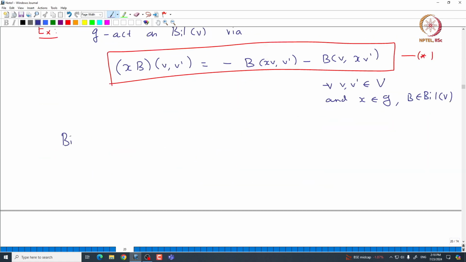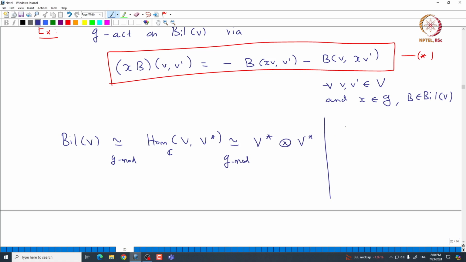BIL of V is naturally isomorphic to Hom(V, V star) as a G module. It is also naturally isomorphic to V star tensor V star, which is again a G module. Recall, we proved that V star tensor W is naturally isomorphic to Hom(V, W). That is why you get this isomorphism.